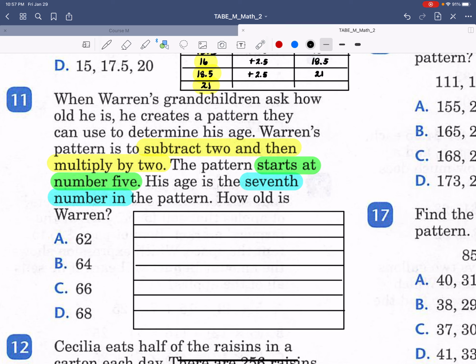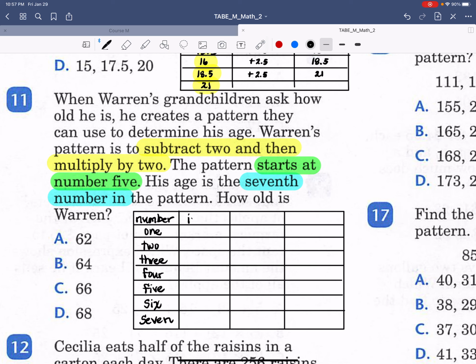So column, input, rule, and output. So I'm going to just use number. That's what they used. So number 1, number 2, number 3, number 4. I didn't have an extra one, did I? 6 and 7.